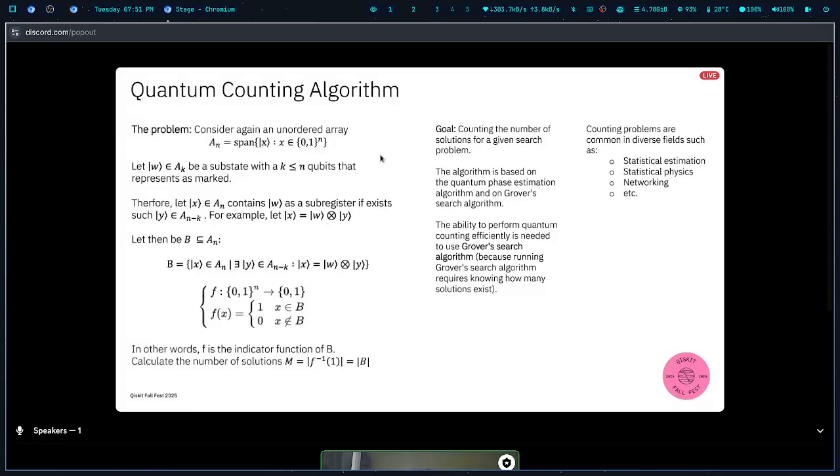Now let W be a substate with k qubits, which is obviously lower than the array that we're trying to search, or maybe equal, that represents the mark.